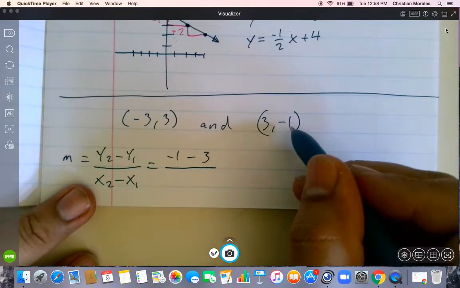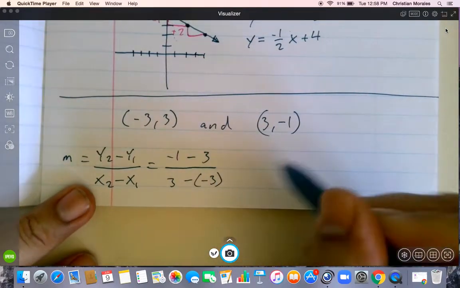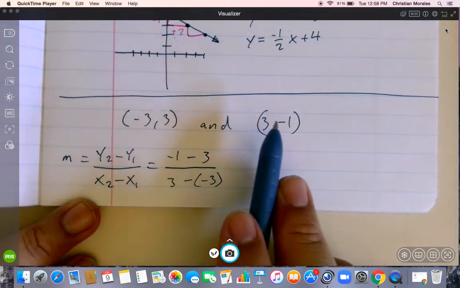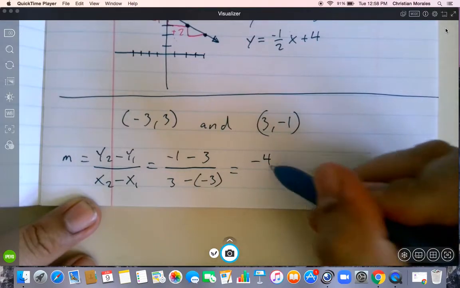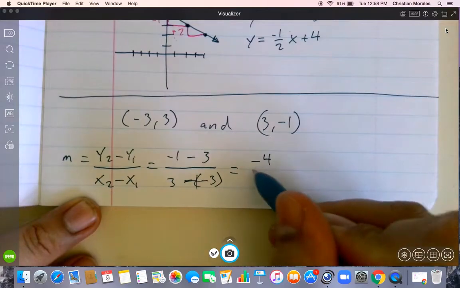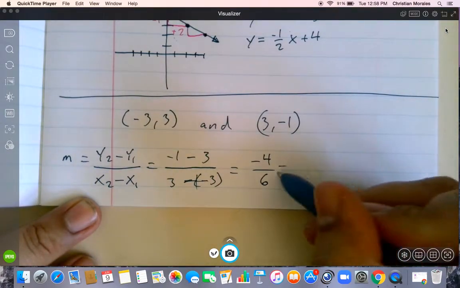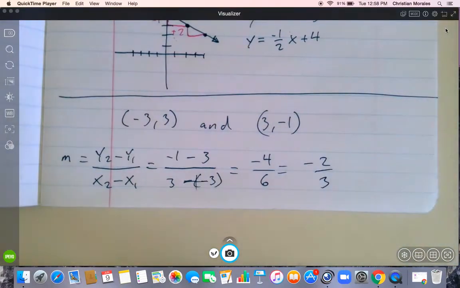And then 3 minus negative 3. So y minus y, x minus x. I get negative 4. This becomes positive over 6. I simplify that. That is negative 2 over 3. That's my slope.